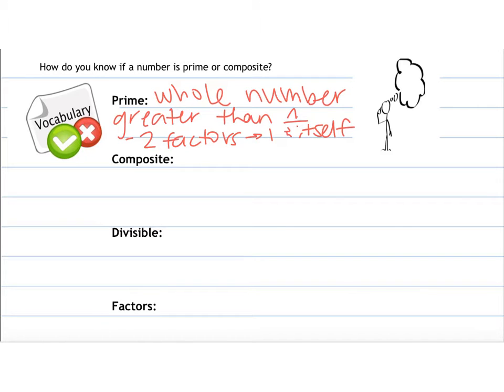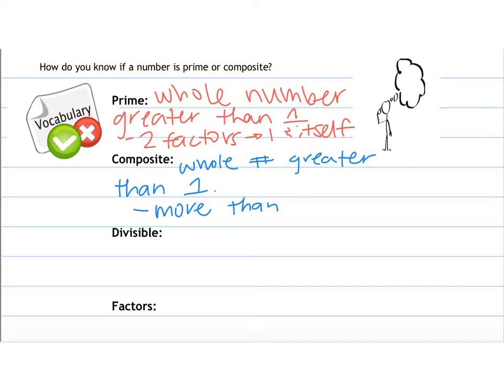Composite, again, is a whole number greater than 1. And this time though, it has more than two factors. Okay, the next word we are looking at is divisible.